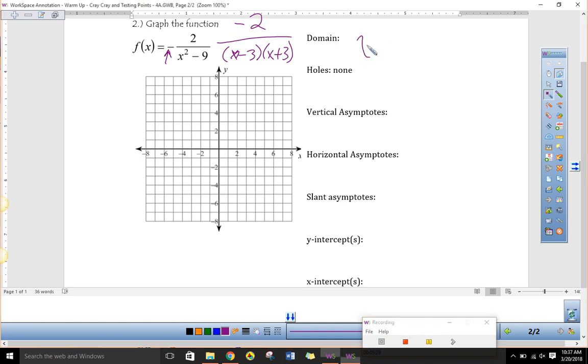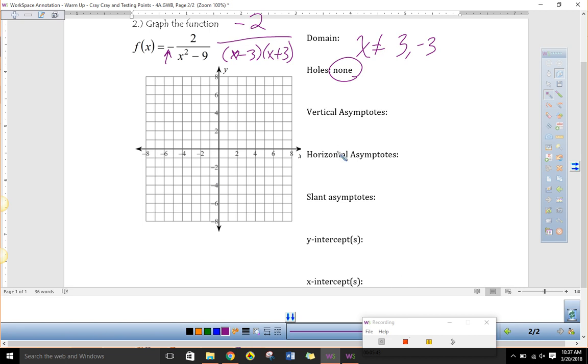Domain x is not equal to, very good. What did you say? 3 and negative 3. Which one of these is giving me negative 3? The x plus 3. Good, just checking. Okay. I already told you in this case that there's no holes. Hopefully you saw that. What causes holes? When things cancel out. Very good.